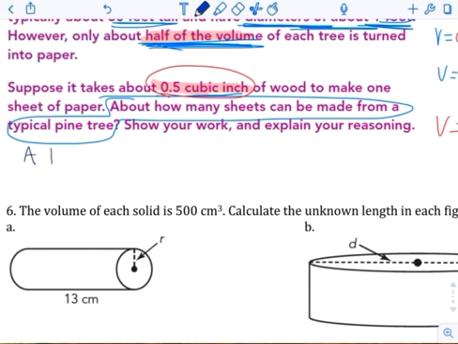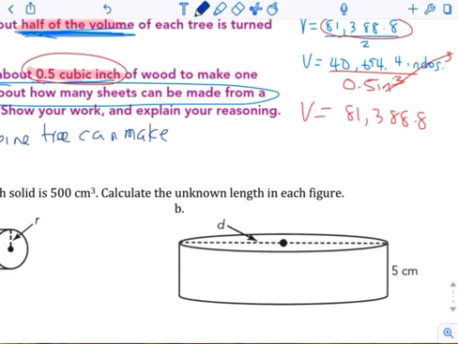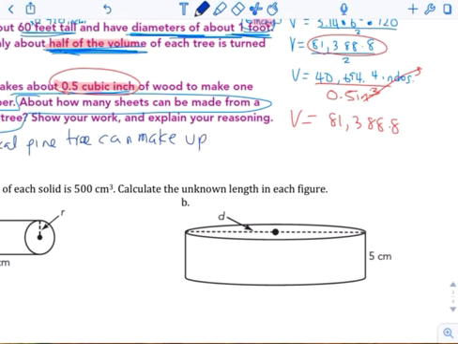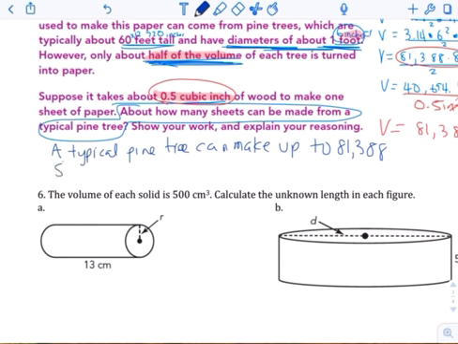A typical pine tree can make up to 81,388 sheets of paper.